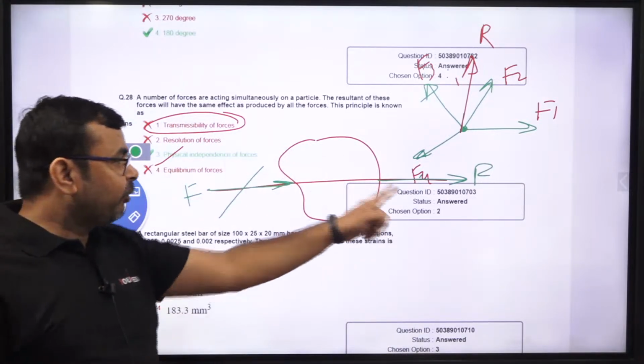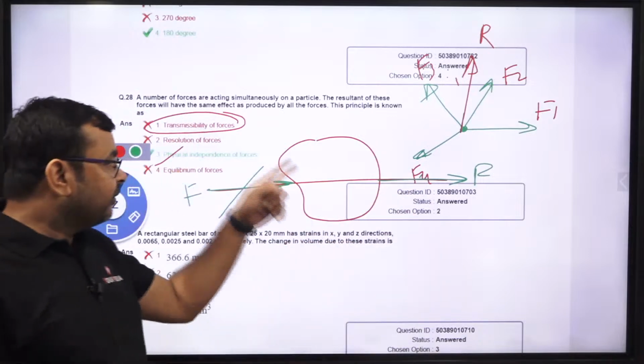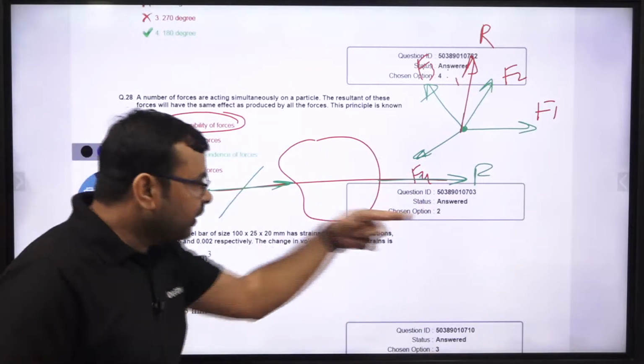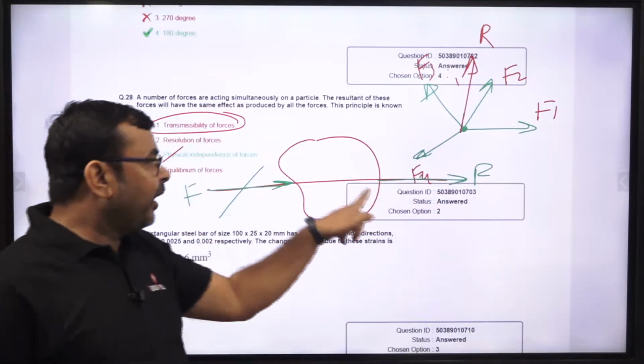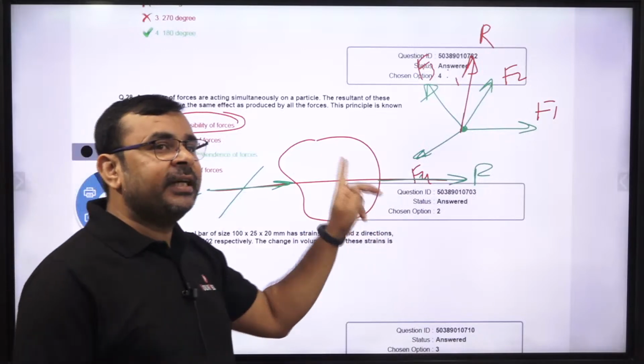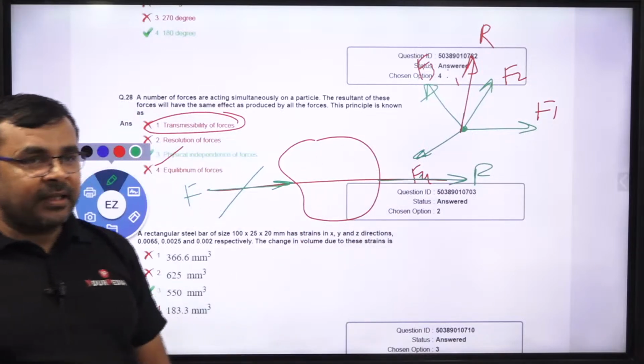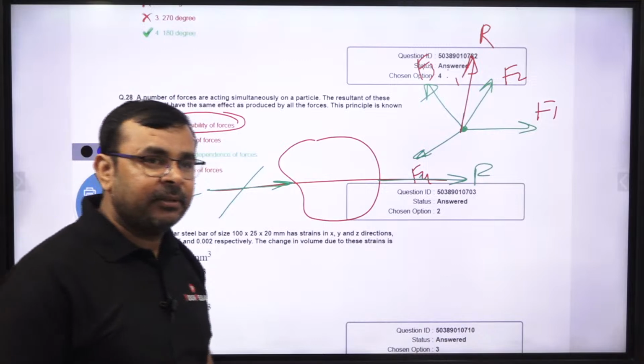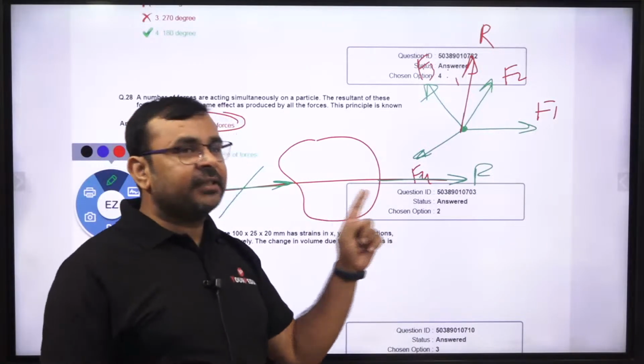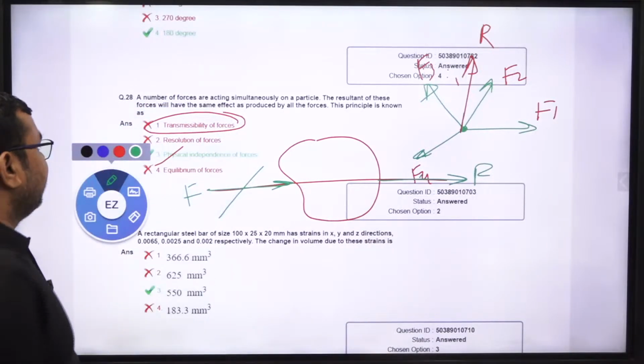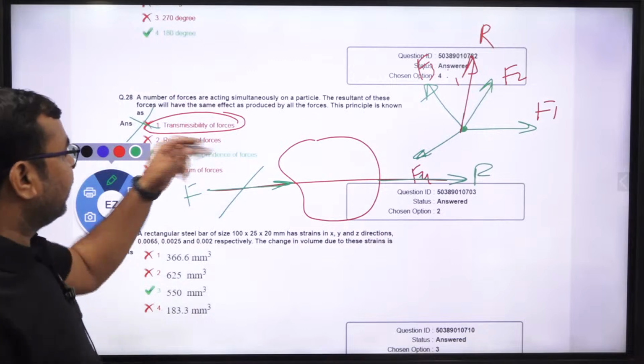Yes or no? This force will produce the same effect, but this force must be acting along the same line of action, and the point where this force acts must be an integral part of the body. Is it clear? That is called transmissibility of force. It never tells about the resultant force. That's why this is the wrong answer. What is the resolution of force?